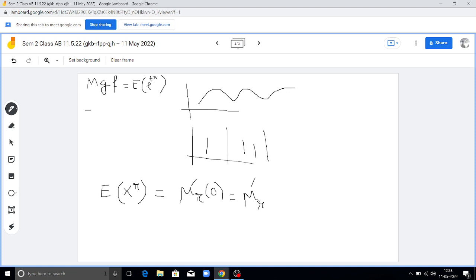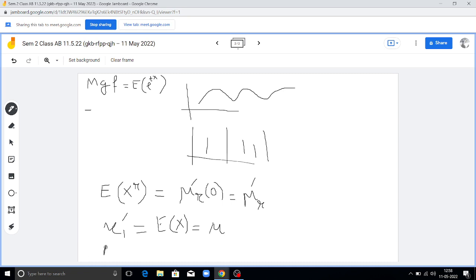So if I talk about r equals 1, we will get mu 1 prime, and this is expectation of x, which is nothing but the mean of the distribution. This is given by mu.